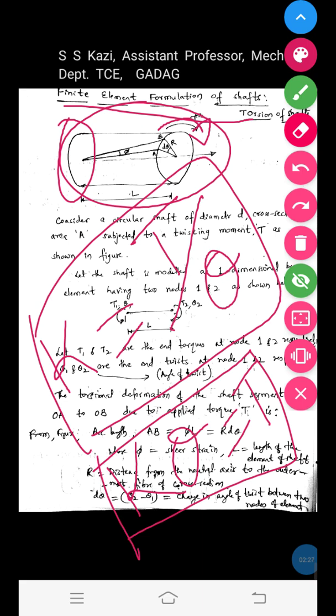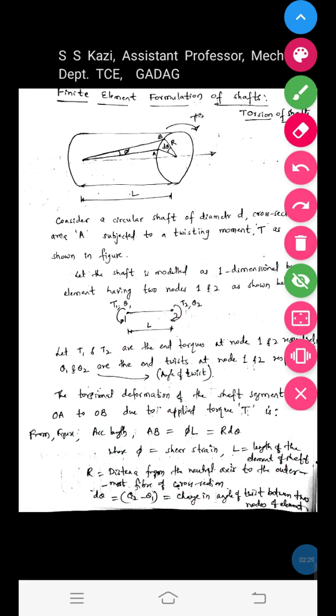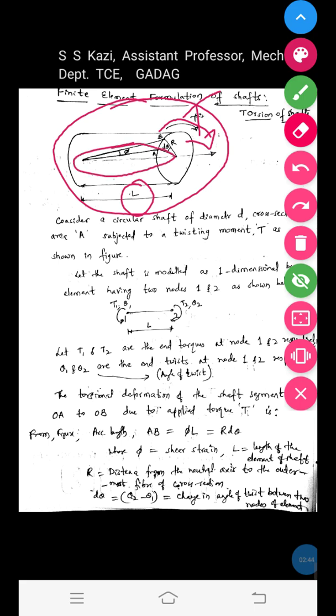Now we'll move on to the derivation part to derive the torsional stiffness matrix for the shaft element. Let us consider a shaft of length L which is subjected to the applied torque T at its end. Due to this, if you observe, this layer OA will get twisted to OB, angularly deformed to OB, due to this applied torque.